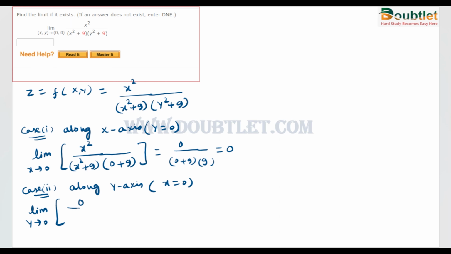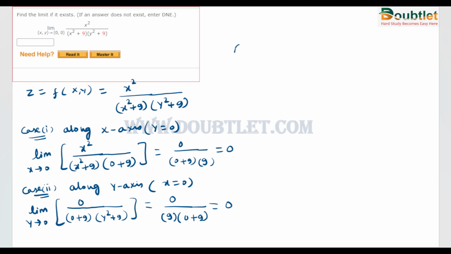So this will become 0 square, meaning 0, plus 9, and here it will become y square plus 9. If we put y tending to 0, meaning y is equal to 0, in this limit, it will become 0 divided by 9 into 0 plus 9. So it will basically become 0 again. So along both the x and y axes, the limit is approaching 0.